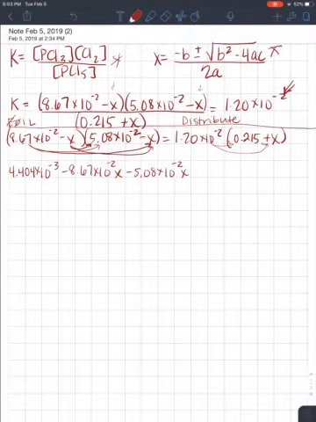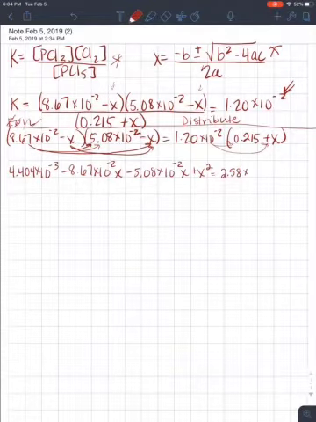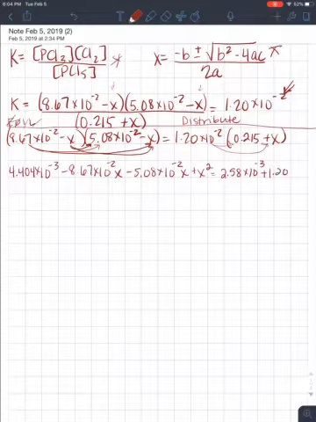And then last are going to be the things on the back of the parentheses. x times x is going to give us x squared. When we distribute these guys out, 1.2 times 10 to the minus 2 times 0.215 is just going to be a number. There's no x term associated with it. But there is an x associated with that guy there.